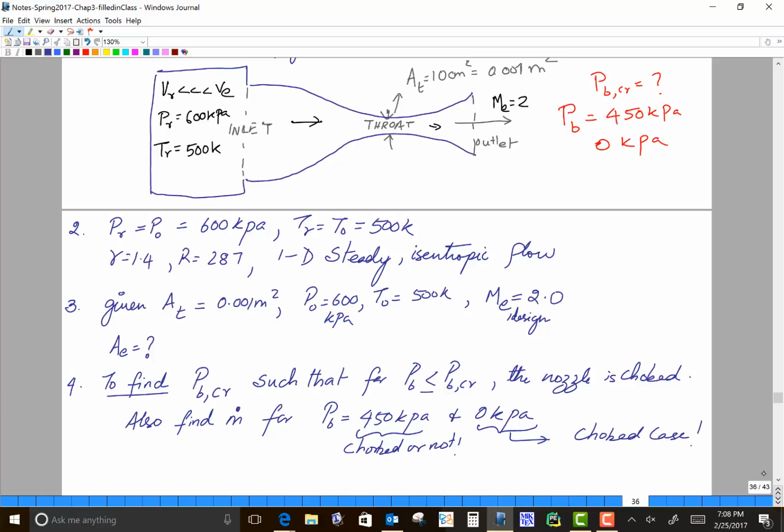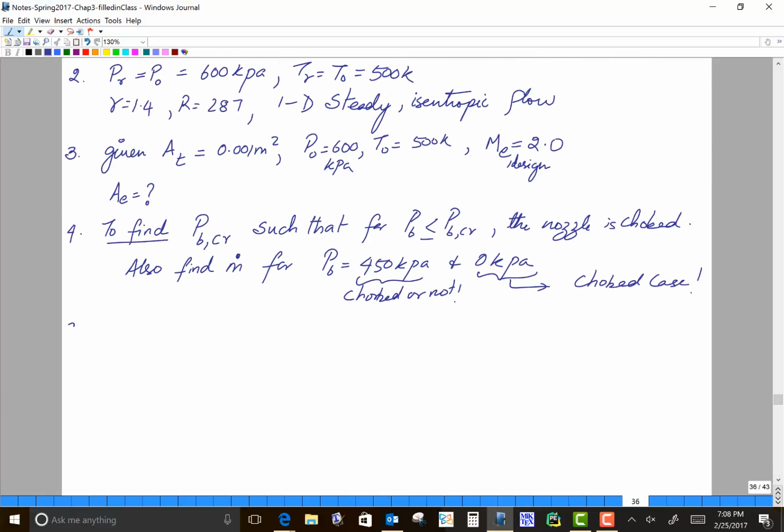Okay, so now the solution. To find PB critical, I need to know what the exit Mach number for the critical case is. And for the critical case in a converging diverging nozzle, as we know, it's not the supersonic flow case, right?